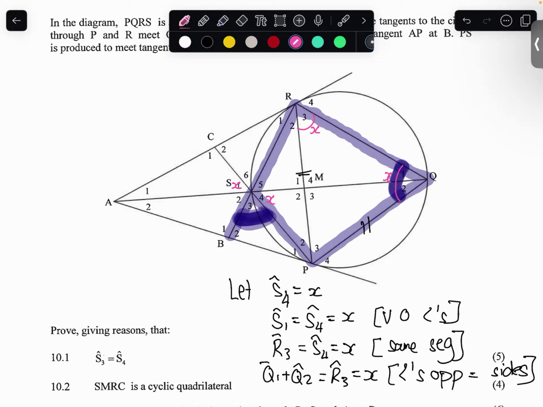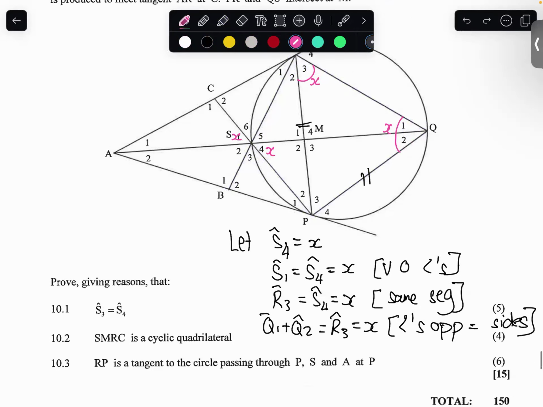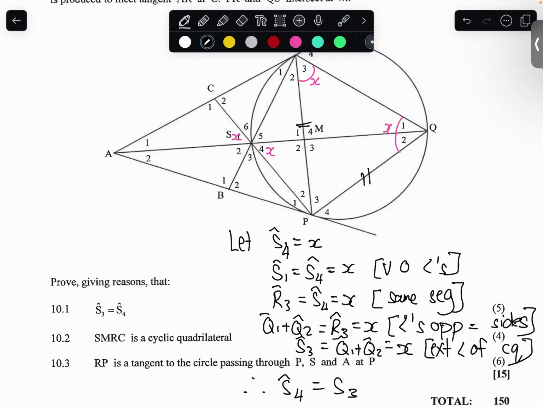So angle S3 is equal to Q1 plus Q2, which together are X, and this is the exterior angle of the cyclic quad. Therefore S4 is equal to S3 because they are both X. Proven.